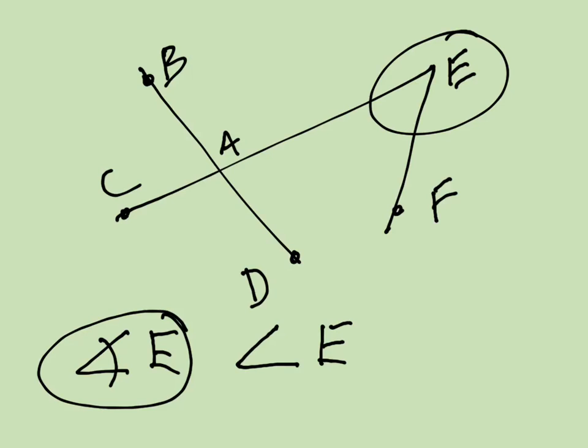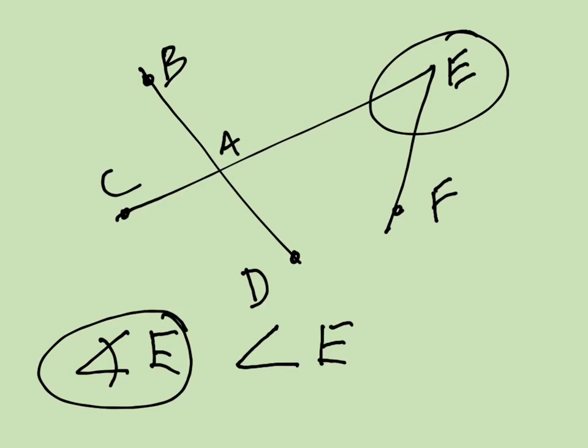The difference is the less than sign has the vertex up in the air, and the angle sign has it down on the ground. However, when you're handwriting it, it's really easy to get sloppy, so we put an arc there to show the angle versus the less than sign.